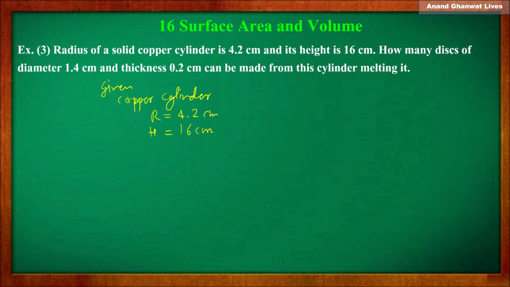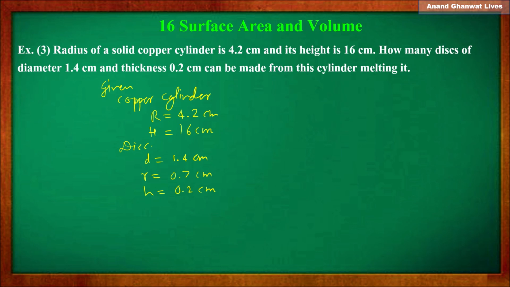Now for a cylindrical disc, the diameter is given as 1.4 centimeter. So r is equal to half of the diameter, that is 0.7 centimeter, and thickness means height, it is equal to 0.2 centimeter. Now we have to make these discs from the copper cylinder.